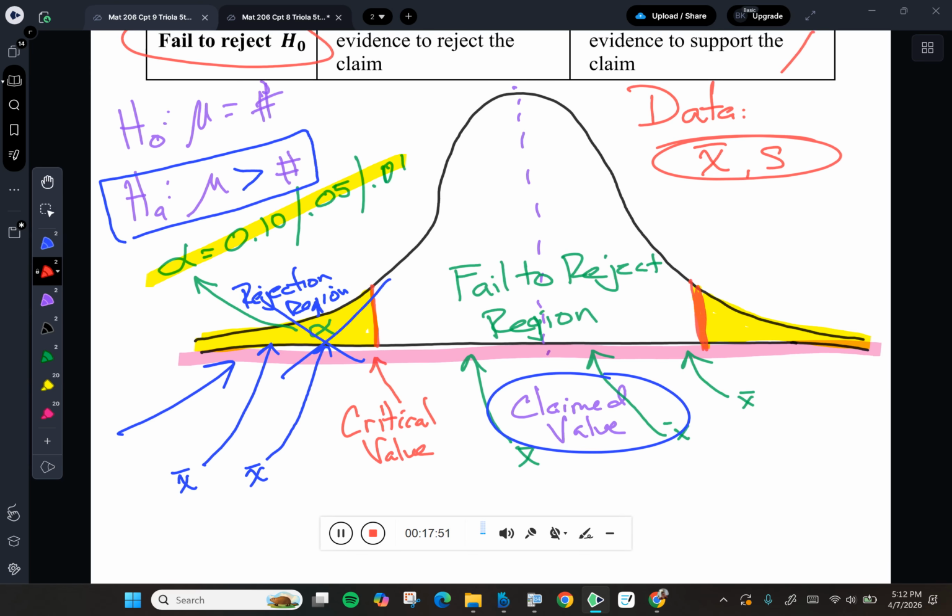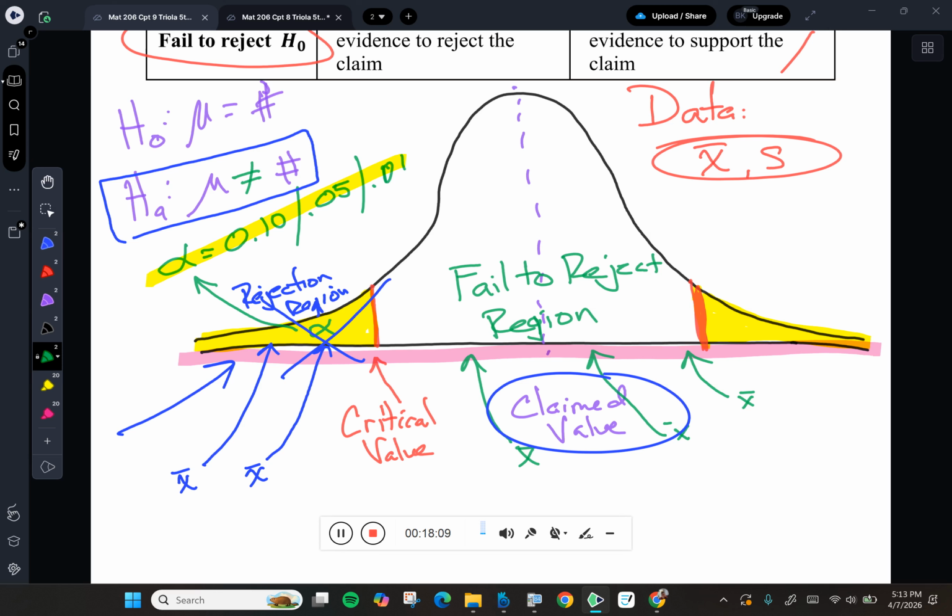If our alternate hypothesis was the not equal to, that's referred to as a two-tail test, and we would get two rejection regions, one on the left and one on the right.